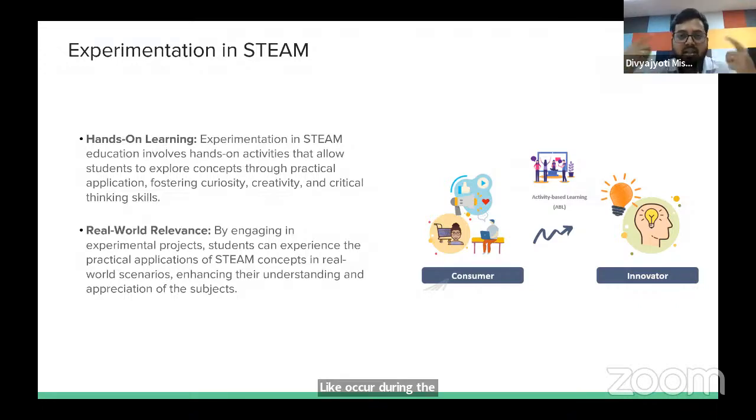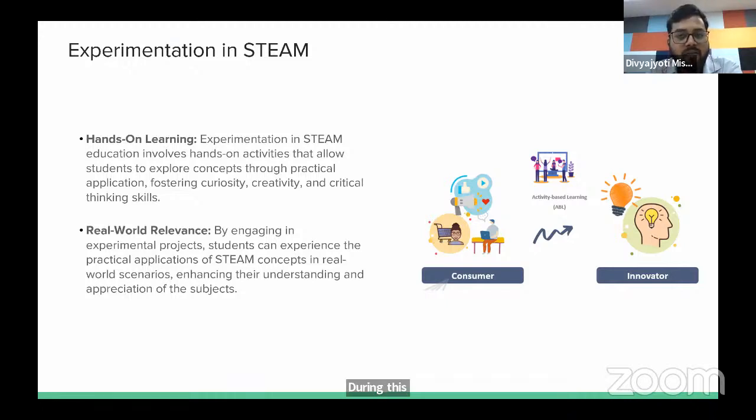So this will generate their tinkering mindset, where they can resolve those problems. Giving an example of coding: when they are writing any code, there might be errors or bugs in their code. The process is that during this activity based learning, you let them understand those problems and get them resolved.